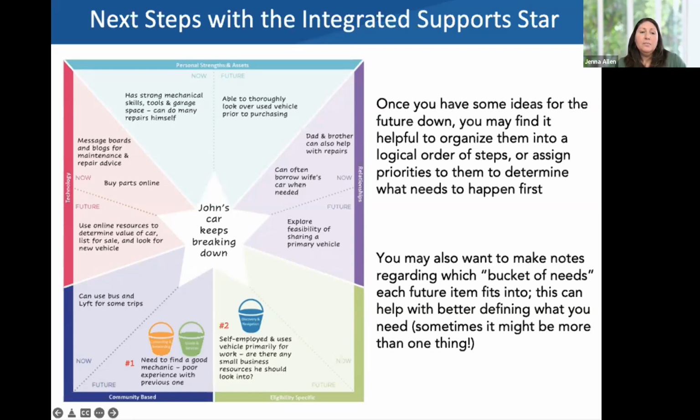So by putting some priority on these things, that kind of helps to develop your next steps. But then by figuring out what exactly is this need, that helps you figure out, is this something I can do myself? Is this something I need to ask other people for? And if I am asking other people, what am I asking them for? So you can be more concrete and then a lot of times have a more successful level of engagement with other people.